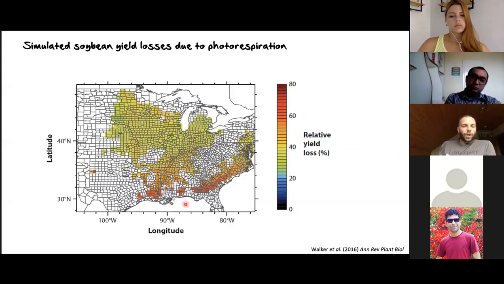And then they've modeled the impact that photorespiration has on crop yield. And as you can see, the loss is in the range of 35 to 60%, depending on where you are. You can also see that further in the south, you get a higher loss in yield just because it's warmer and photorespiration goes up with temperature.